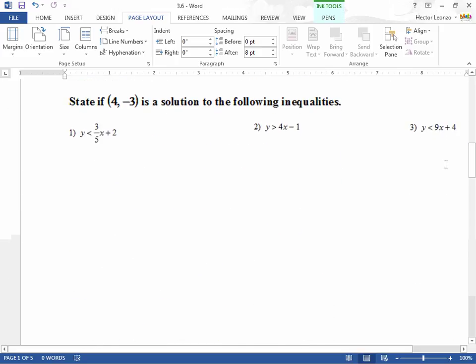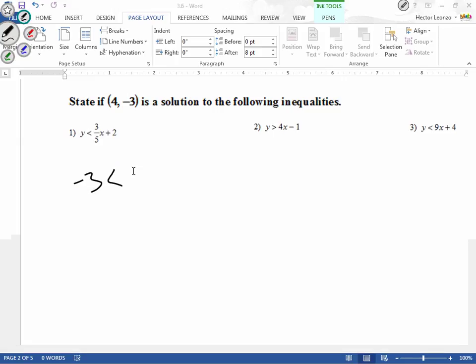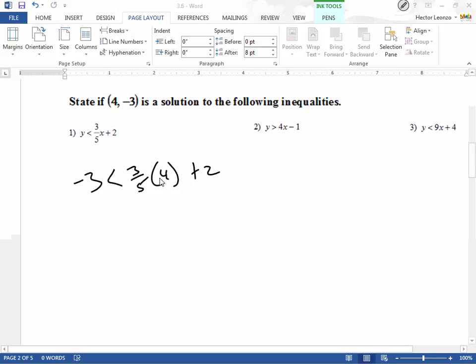So the first thing you're going to start with: state if (4, -3) is a solution to the following inequality. Looking at the first one, y is less than 3/5 x plus 2. Instead of y, I'm going to write negative 3, and I'm going to write 3/5 times 4 plus 2. My question is, is this true or not?